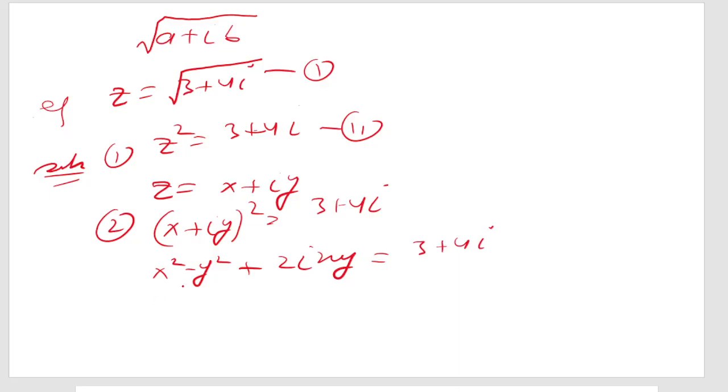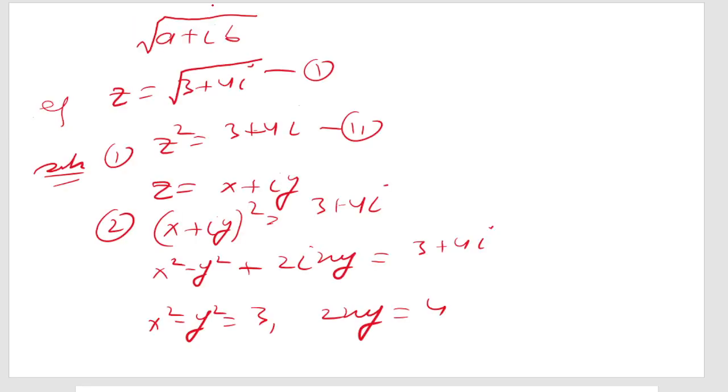Now comparing the real and the imaginary parts, we will get x square minus y square is equal to 3, and 2xy is equal to 4. Okay, so let's solve this.